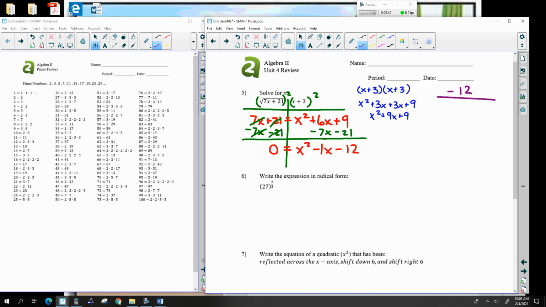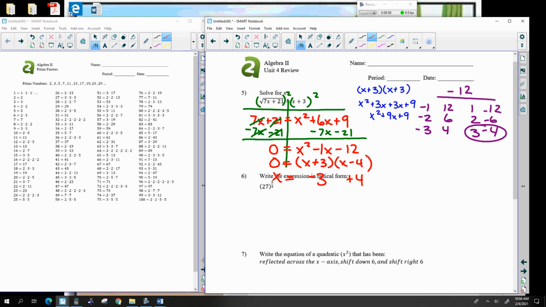So the ways to multiply to 12 are 1 and 12, 2 and 6, 3 and 4. Because it's negative, only one of the numbers is negative and not the other. I want to add to negative 1, so that is the only option that adds to negative 1. So my factors would be positive 3 and negative 4. And that makes our x's equal to negative 3 and positive 4.